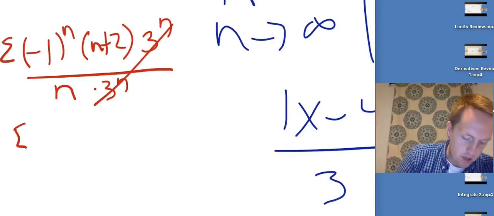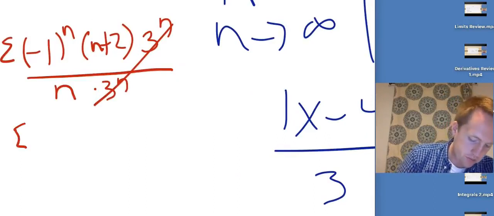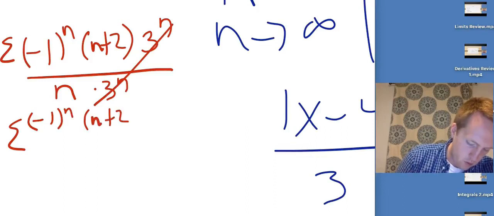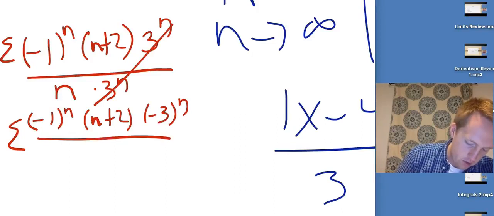Now, if I plug in 1, I get -3 to the n over n times 3 to the n.